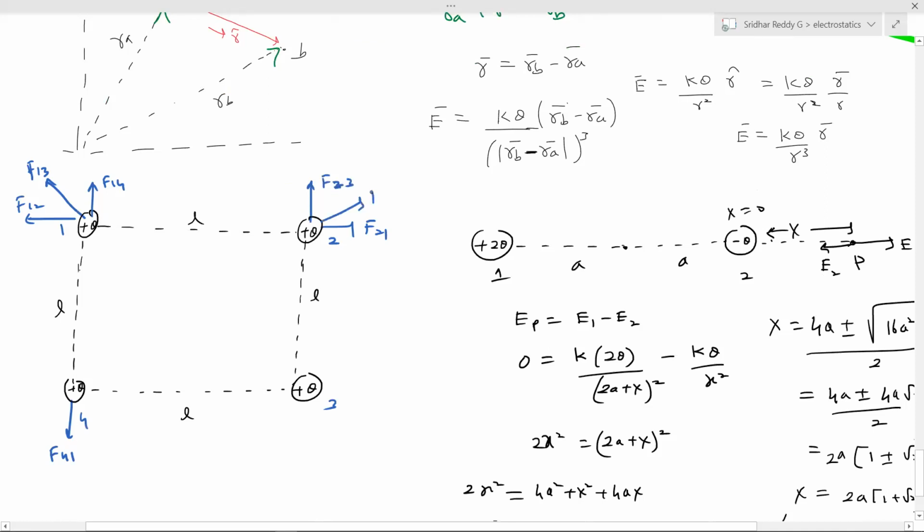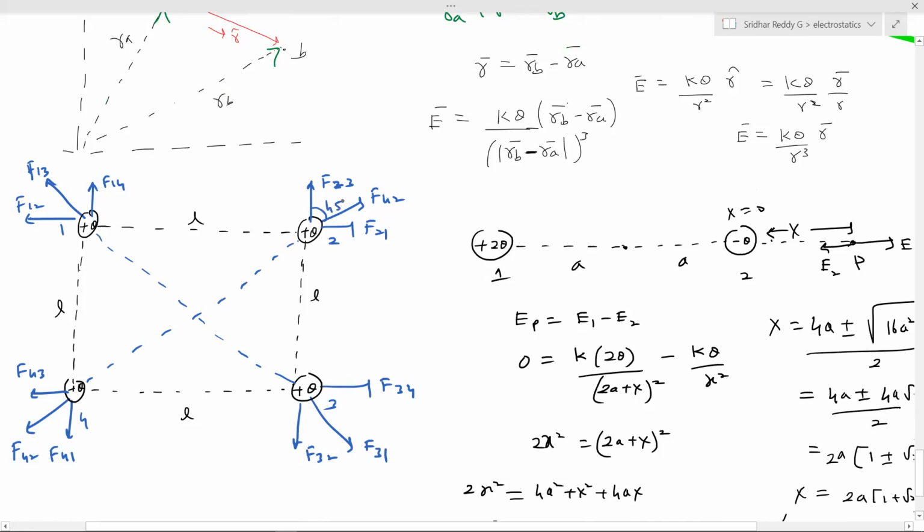Similarly here, F23, F42, F34, F43, F32, then F42, F31. Now what can be this angle? 45 degrees.